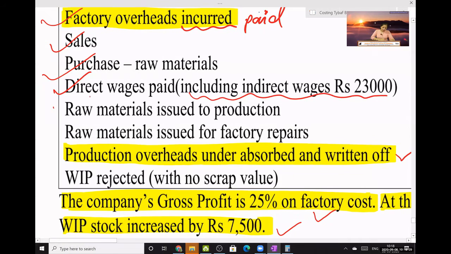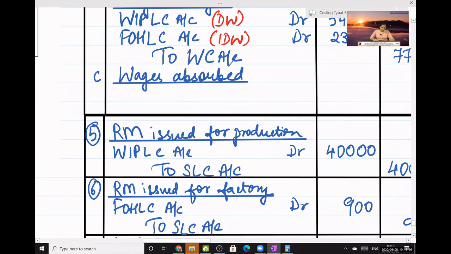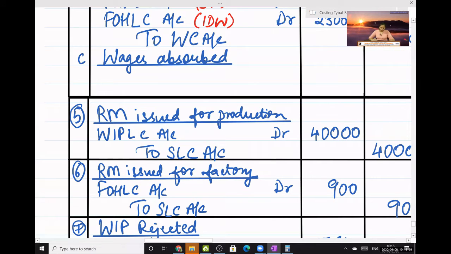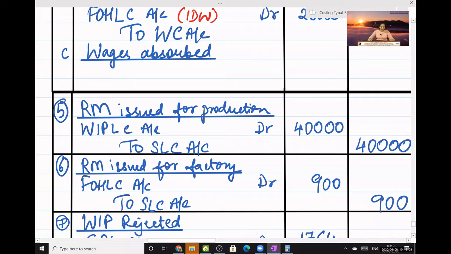Raw material issued to production, okay, or raw material issued for factory repairs. You can club both the entries, or if you want you can write them separately, it's up to you, because both are issued only. Both are entries of the same category: raw material issued for the purpose of production and for the purpose of factory repairs. Factory repairs in the cost sheet come obviously under factory overheads. Okay, so write journal entry number 5, raw material issued for production. You can even club journal entry number 5 and 6 and give a club heading, raw material issued for production and for factory.